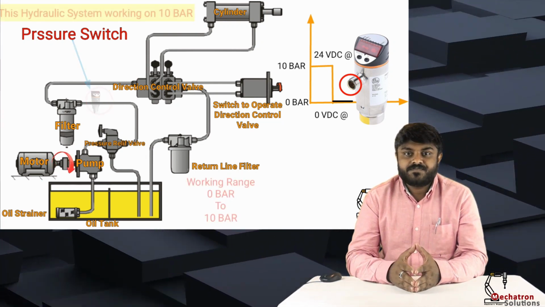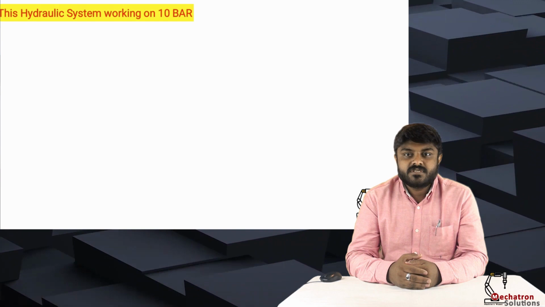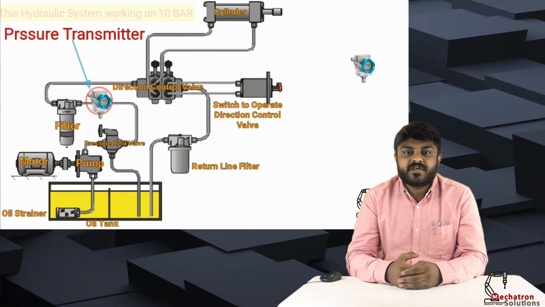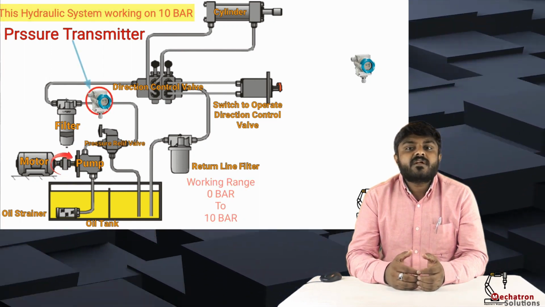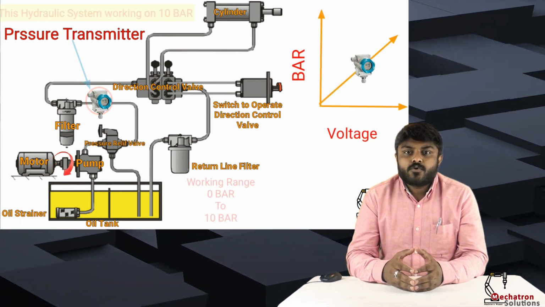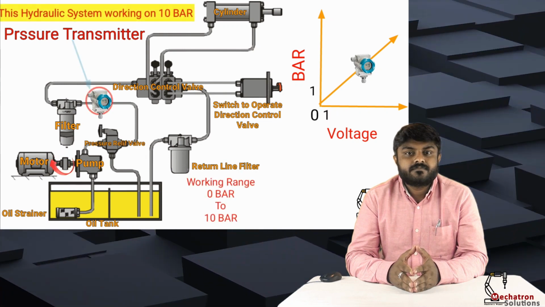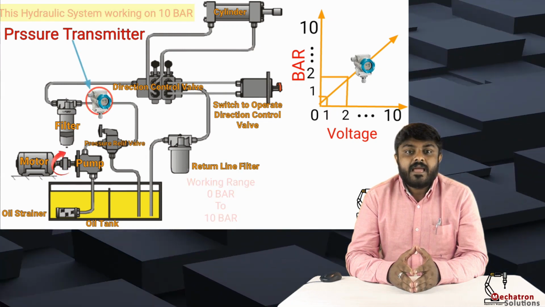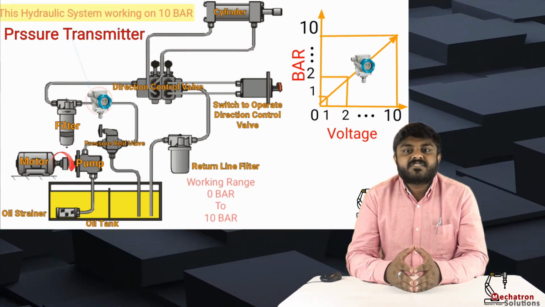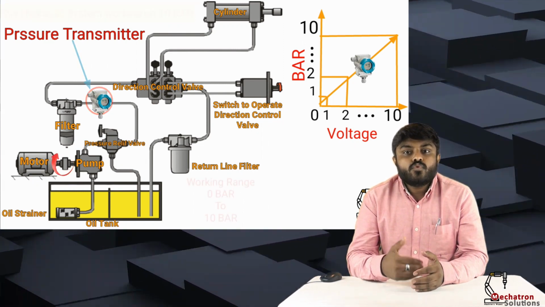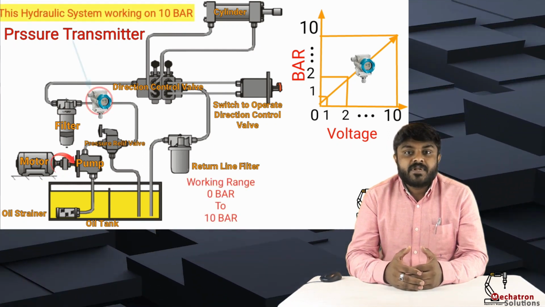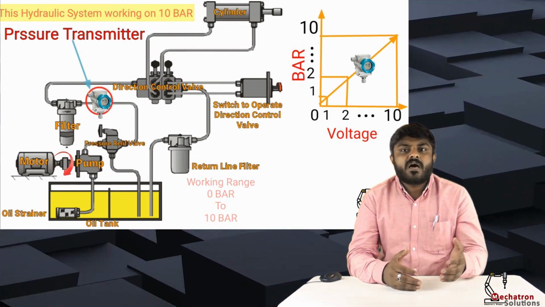Instead of a pressure switch, if we use a pressure transmitter, it will give a linear continuous voltage with respect to pressure. This pressure transmitter output voltage ranges from 0 volt to 10 volt DC, and it represents pressure from 0 bar to 10 bar.